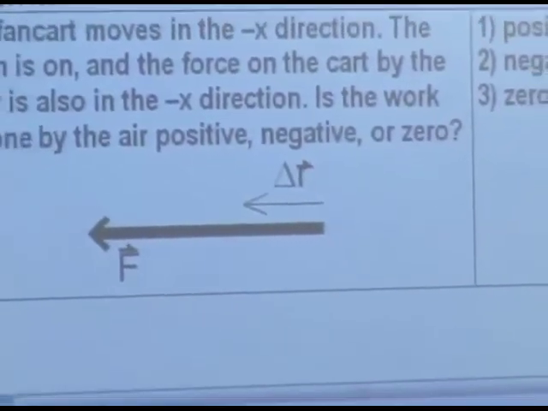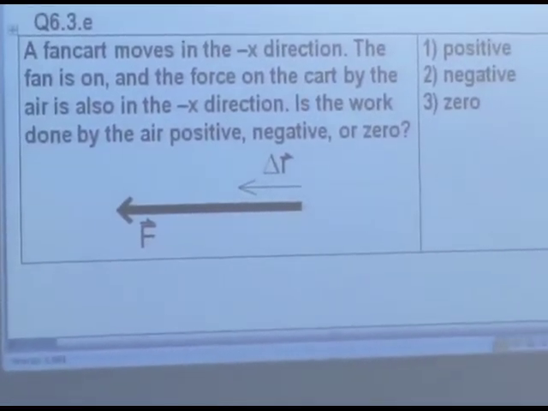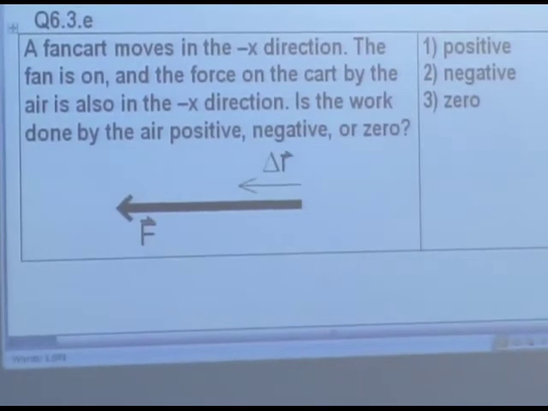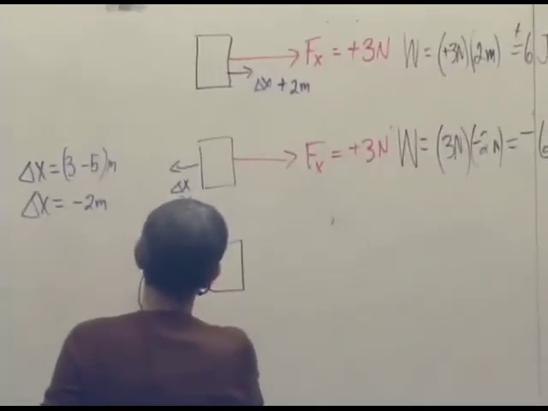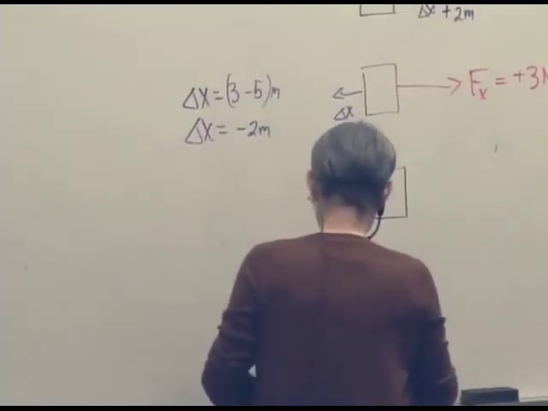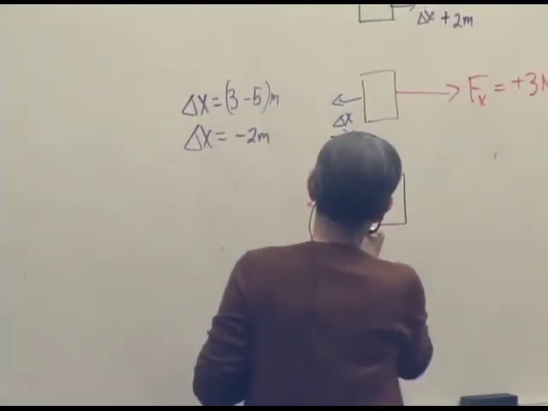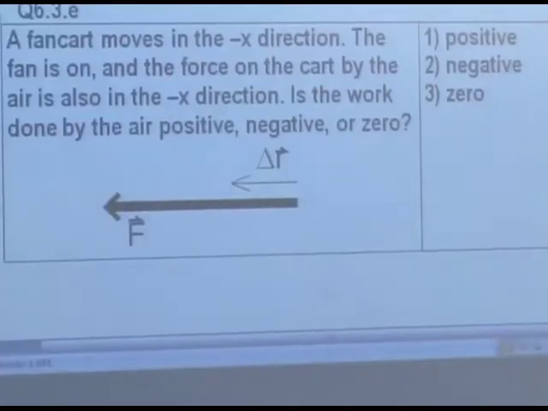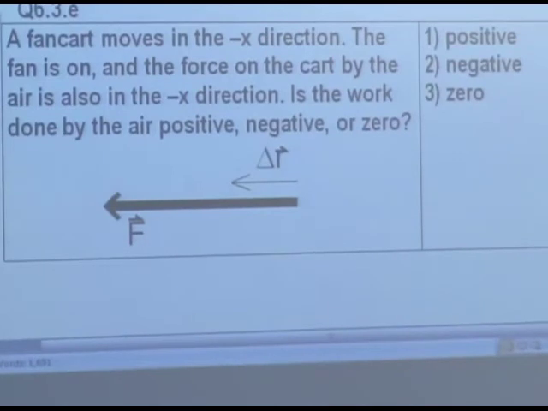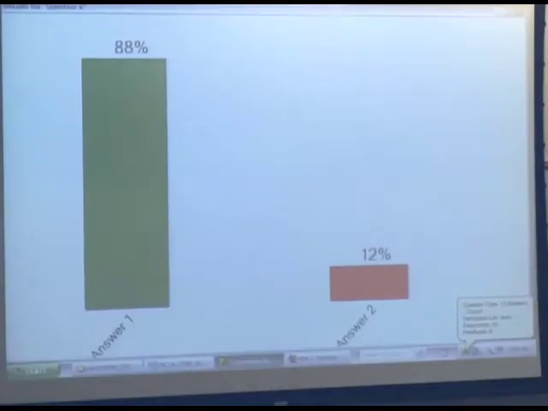So here's a fan cart moving in the minus x direction. We have a force by the air also in the minus x direction. Is the work done by the air positive, negative, or 0? Okay.